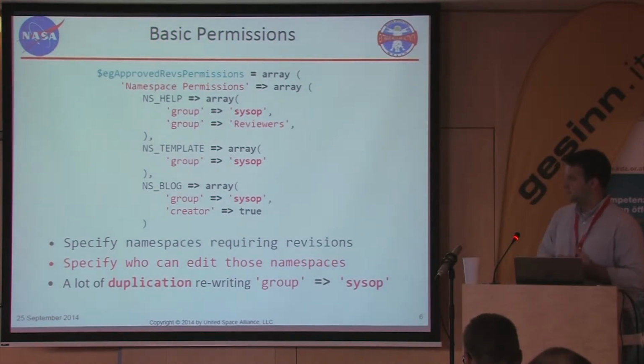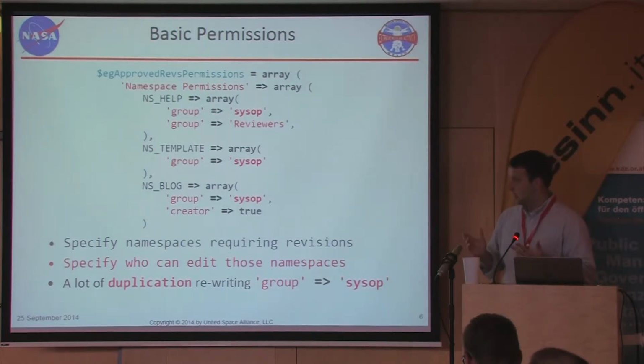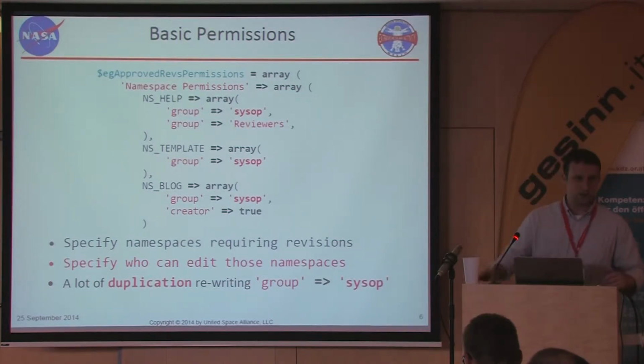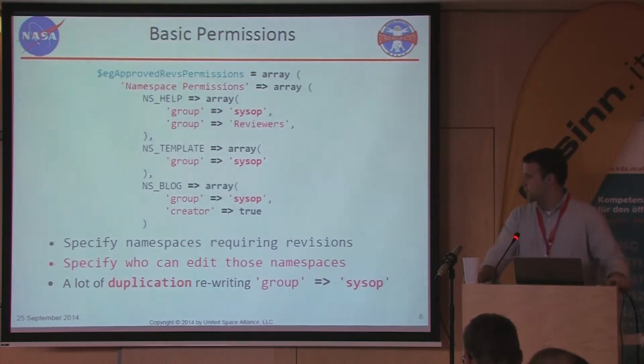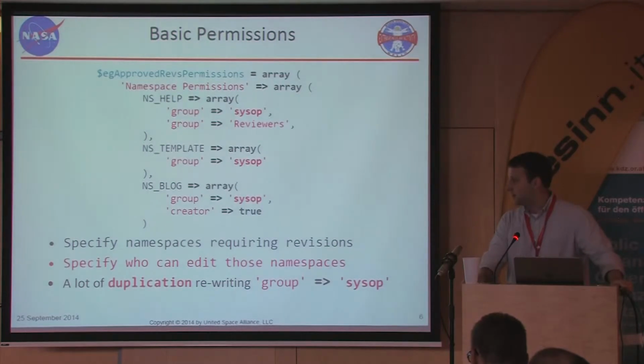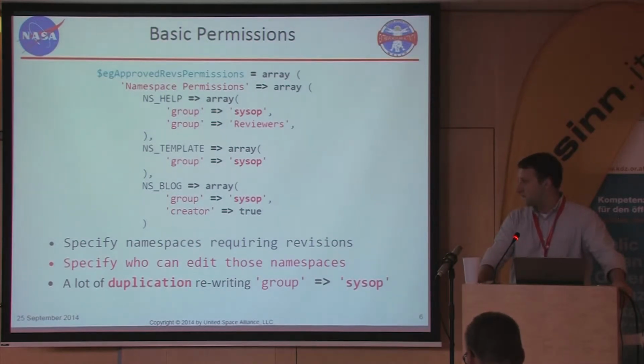Templates are just by administrators, and then I've come up with a namespace called blog, where it would make sense if the person that creates the page would also be able to approve. So you're specifying which namespaces require revisions, and you're simultaneously specifying who can approve within those particular namespaces. It allows you to be a little bit more fine-tuned with how you do that.